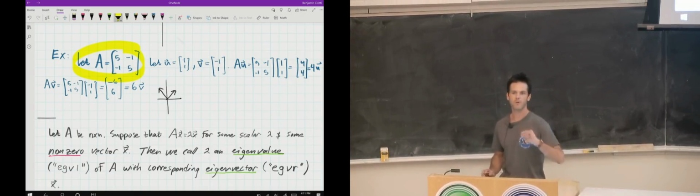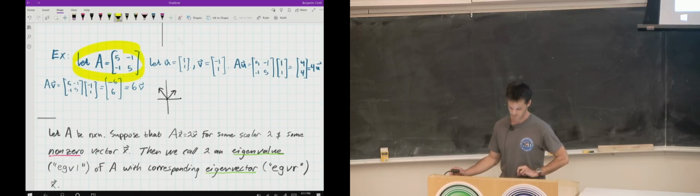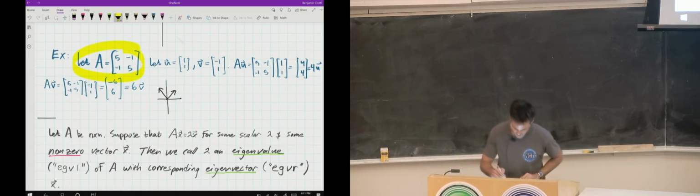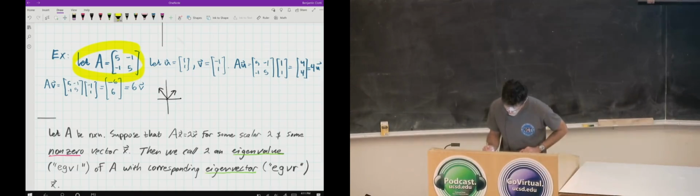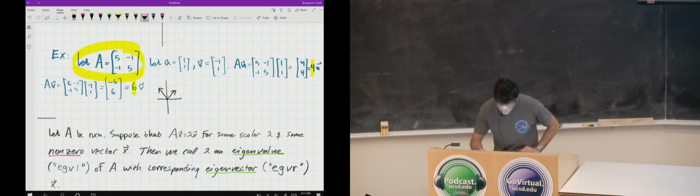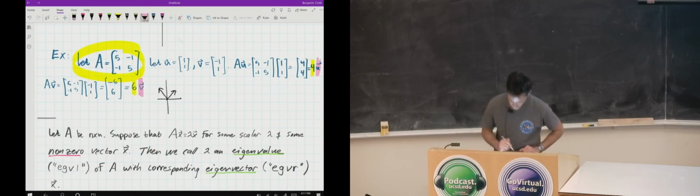Someone in the back, what was the eigenvector corresponding to 4? (1, 1) is correct, yes. So you can see I had an eigenvalue here and an eigenvalue here, and then I had an eigenvector here and an eigenvector here.